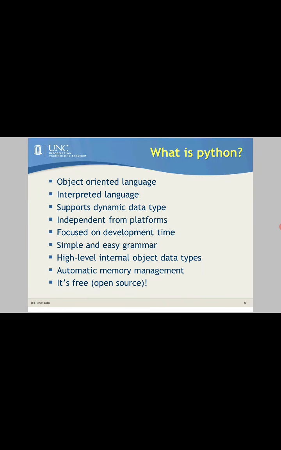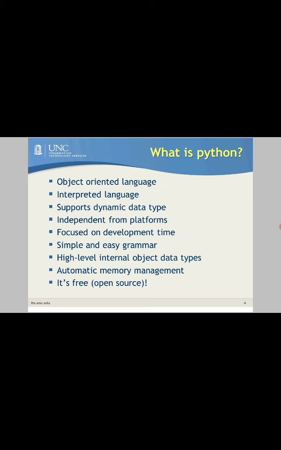What is Python? Python is an object-oriented programming language. It is an interpreted language, and supports static data types and dynamic data types. Dynamic means we can create our own data types. Static means fixed data types. It is independent from platforms, which means Python can be run on any type of platform like Windows, Linux, Unix and others.